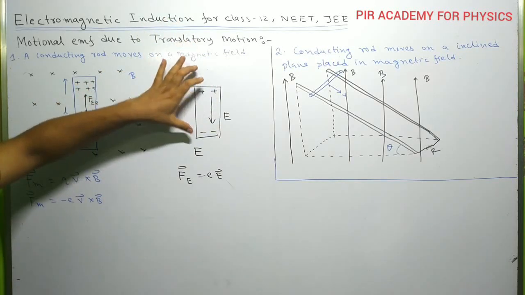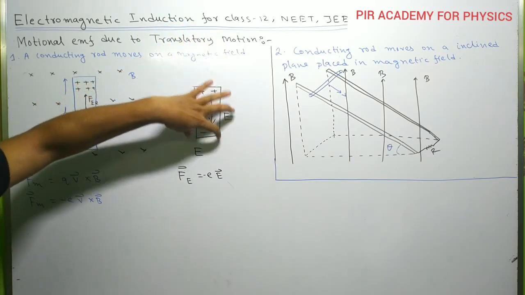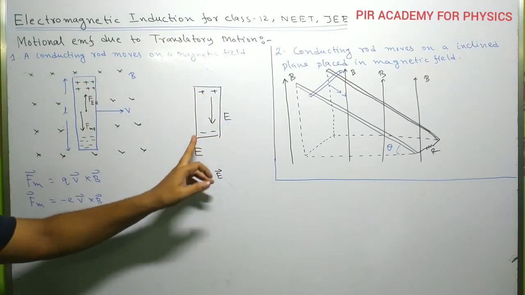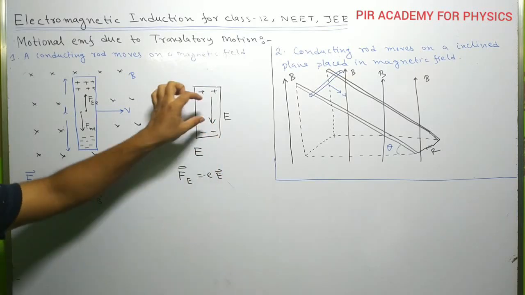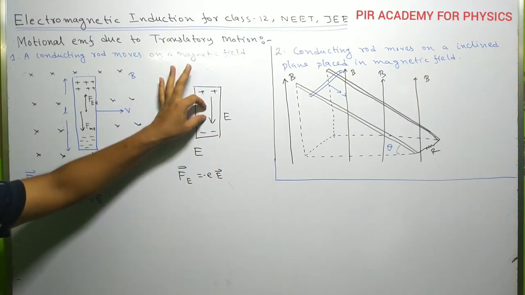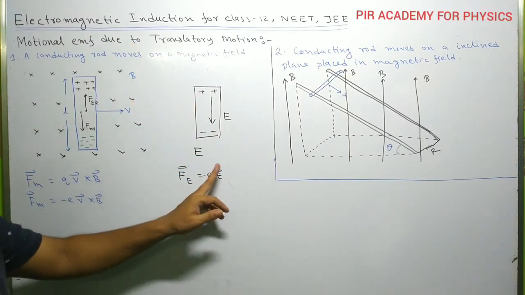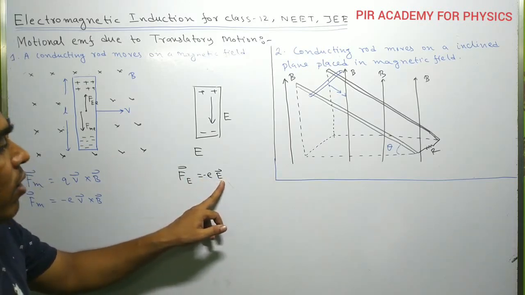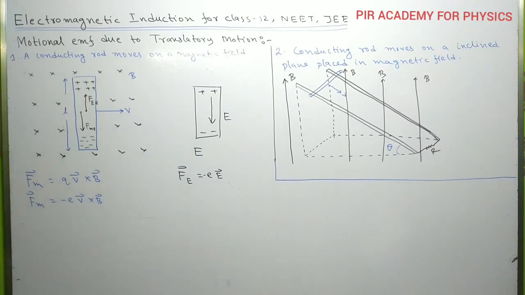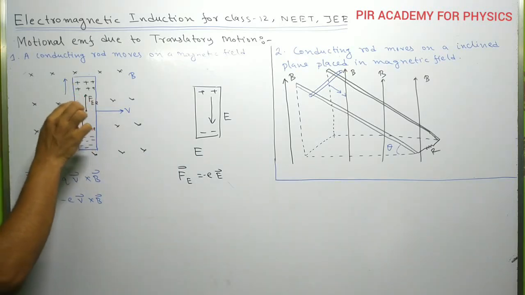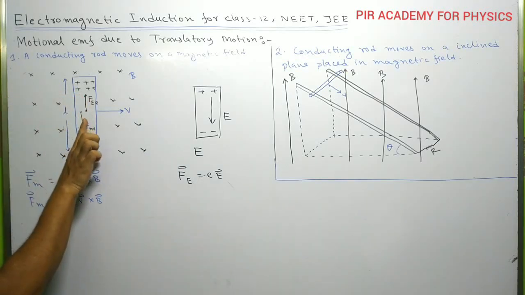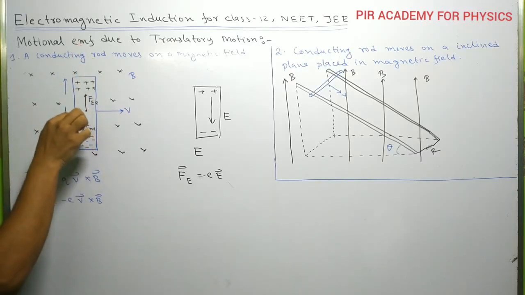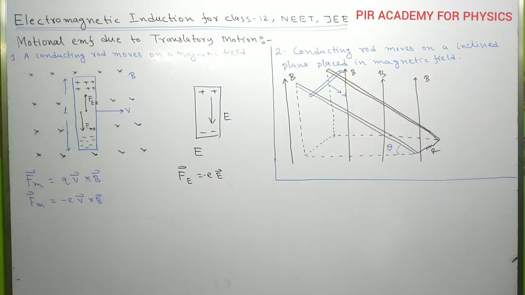The electric field generated on this conductor is along this direction, and the free electron experiences an electric force opposite to it, while the electron experiences magnetic force along the other direction.